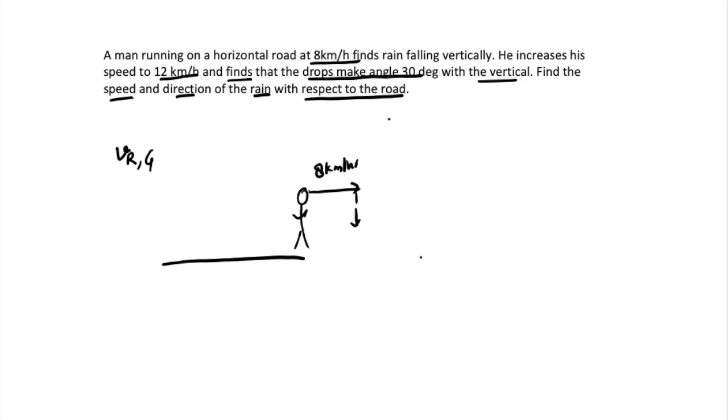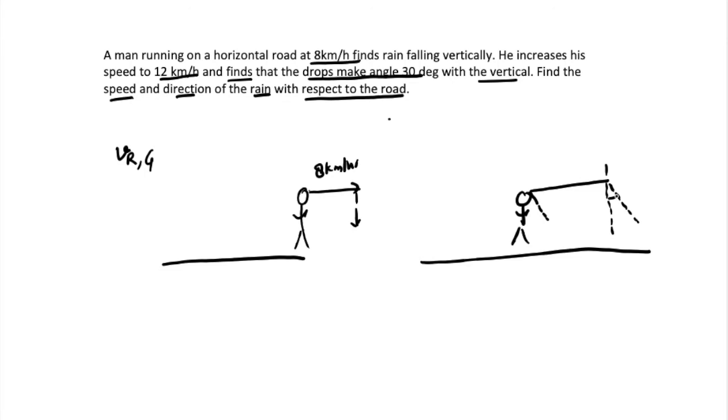And then he speeds up, so he decides to go fast, and as a result the rain appears to him to be falling at an angle of 30 degrees with the vertical. And what we need to find is the speed of the rain.